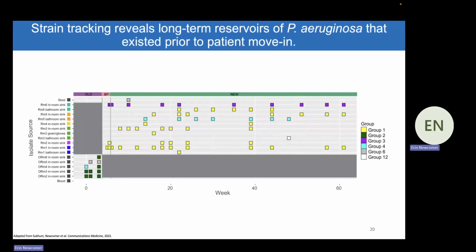We wanted to look at longitudinal strain tracking of these isolates. What I'm showing here is a somewhat complicated figure, but it is basically looking at appearances of these different strain groups over time and at different sites that we sampled. I really want to focus on strain group 1, the large strain group that's all within 11 SNPs of one another, represented by these yellow squares.